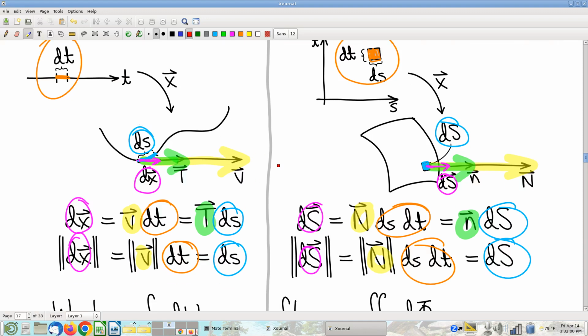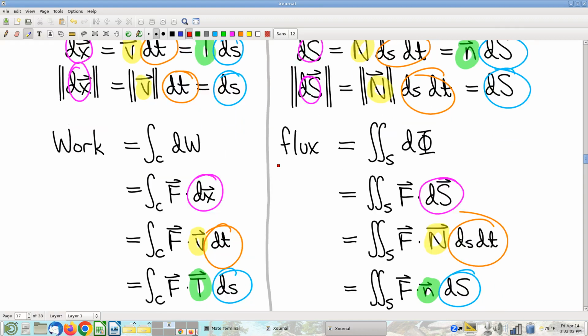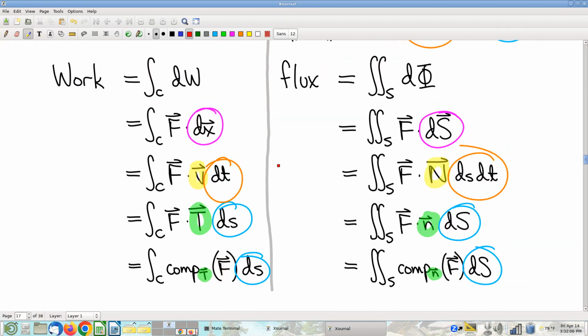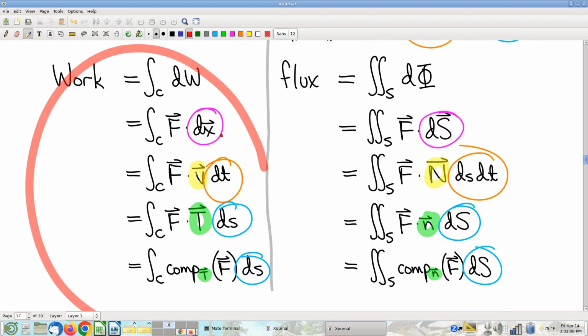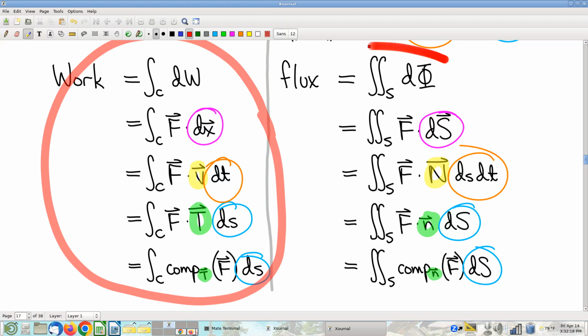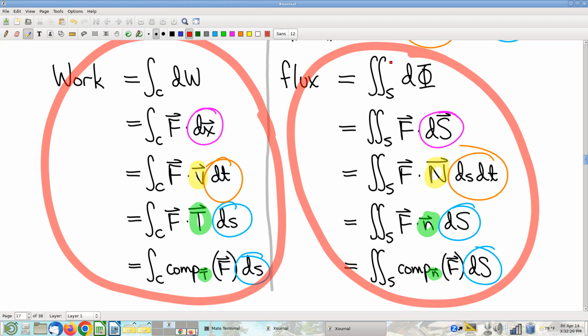The only thing I wanted to add to that is that you can keep going, as it were. Here's a bunch of different versions of what vector line integrals look like, different ways to write vector line integrals. Here, likewise, vector surface integrals. And notice the color coding analogy continues.